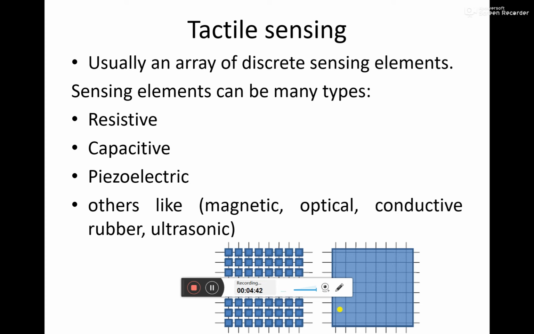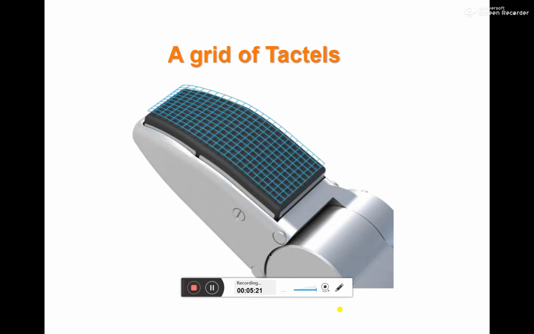We can use resistive elements, capacitive elements, piezoelectrics, or other elements like magnetic, optical, conductive, rubber, or ultrasonic. Different sensing elements can be used.